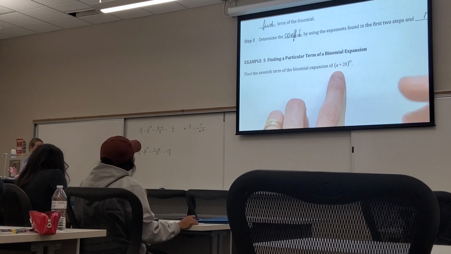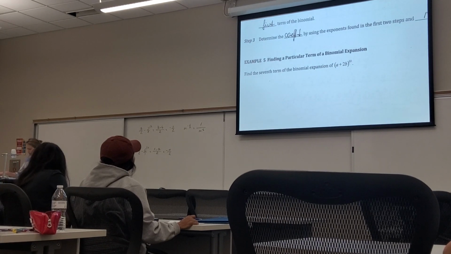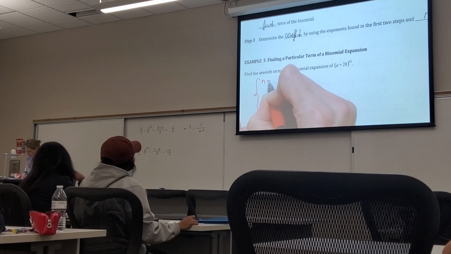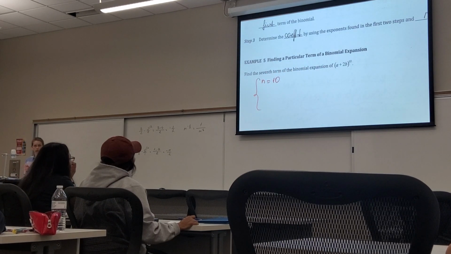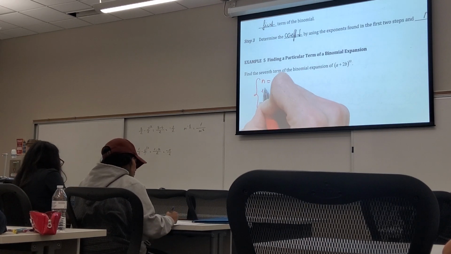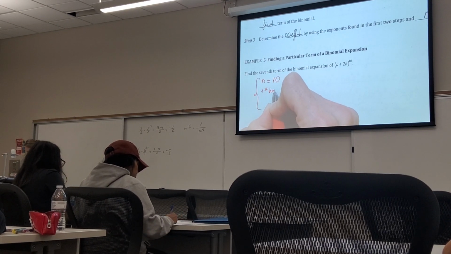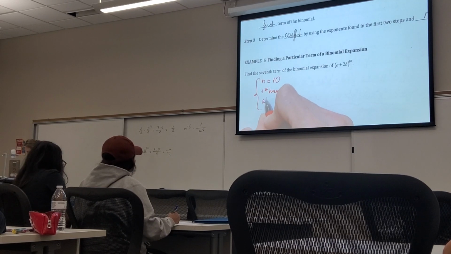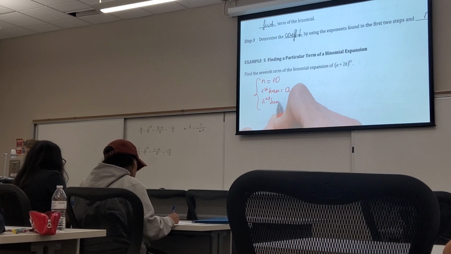So from here, I'm going to analyze what is given to me, and I immediately know n equals 10. Do you agree? Yes? My first term equals a, and my second term equals 2b.